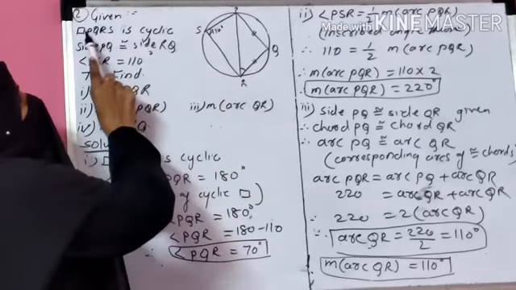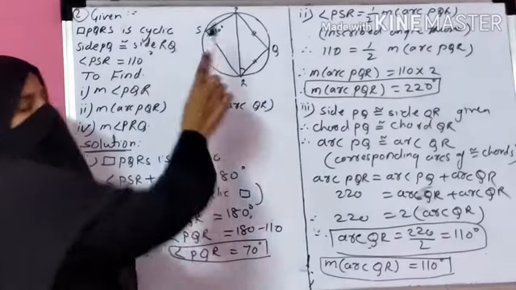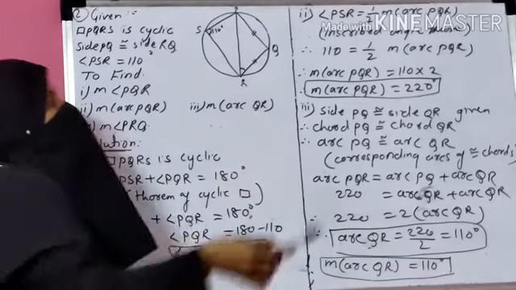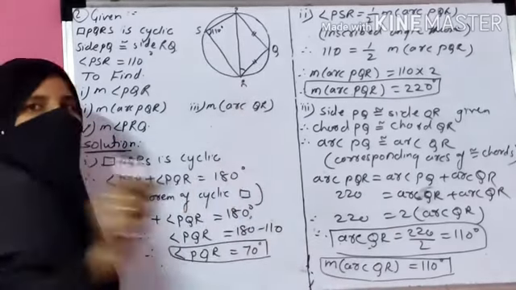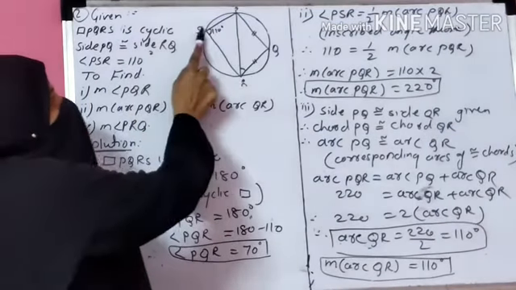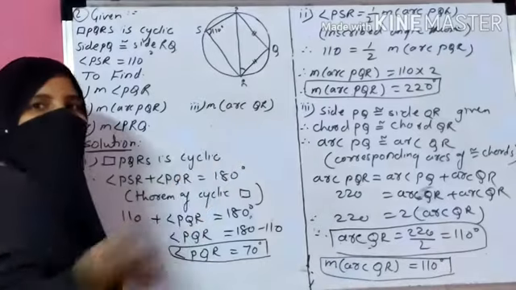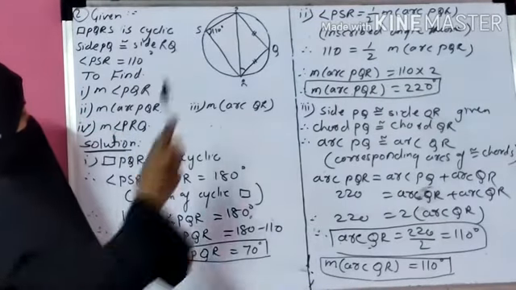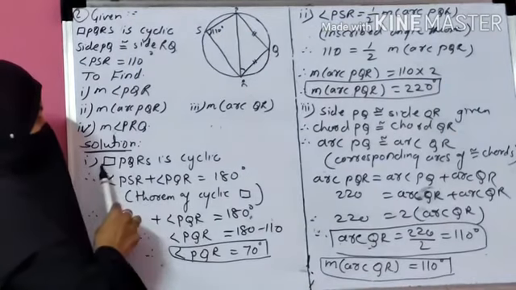In this question, the given is quadrilateral PQRS is cyclic. In the previous lecture, we discussed the theorem of cyclic quadrilateral: opposite angles of a cyclic quadrilateral are supplementary. Here one angle PSR is given and PQR is the opposite angle. So I start the solution with this.